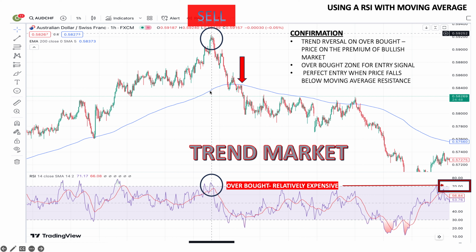So as you know, when the price goes to an overbought area, which is relatively expensive, the price is bound to fall. So once you see the RSI take you above 70%, you should be looking for a possible sell signal.